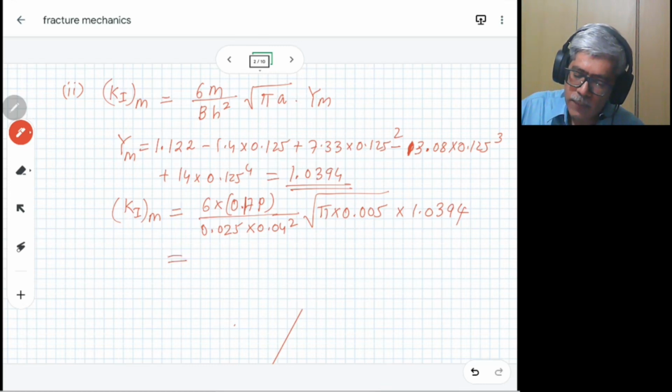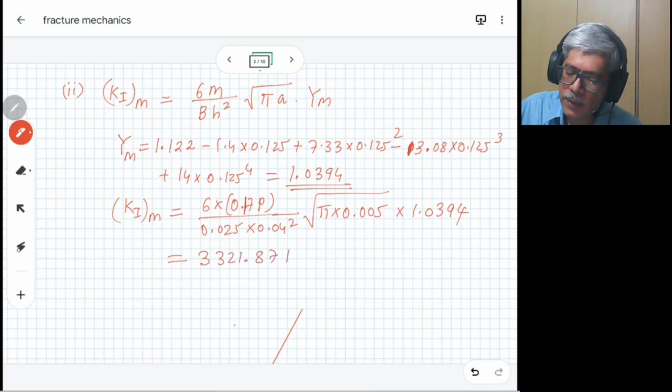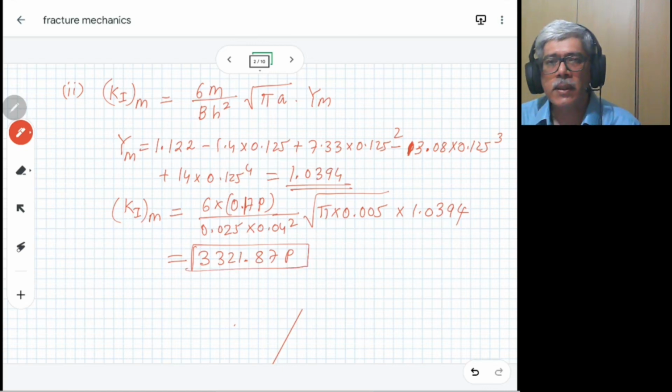So that gives us the value of K1M as 3321.87 P. So we got the stress intensity factor under axial load, and we got the stress intensity factor under the bending moment.